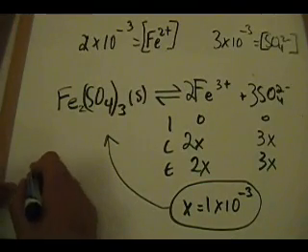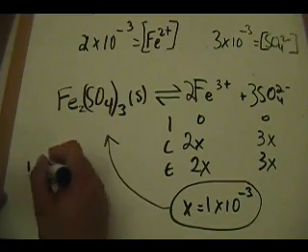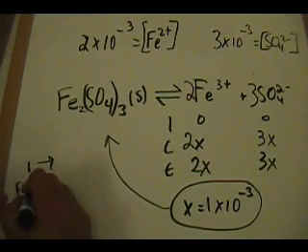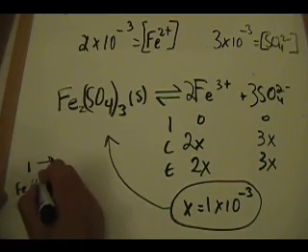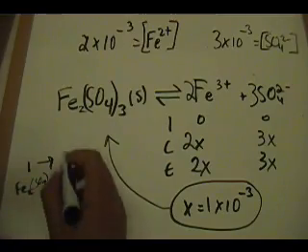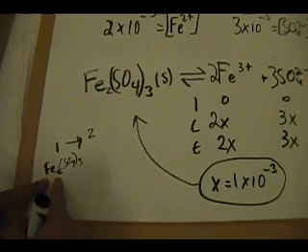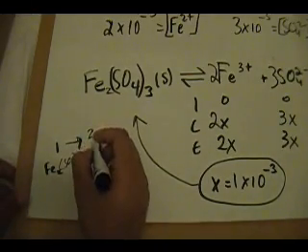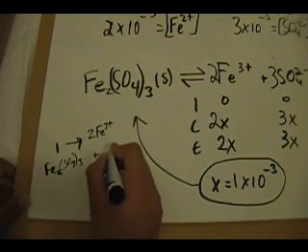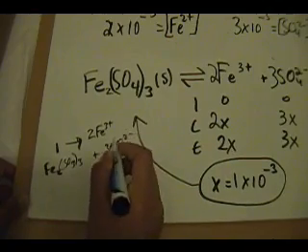So we're saying that, for example, we have 1 of this compound. For every 1 Fe2(SO4)3 we dissolve, we get 2 Fe3+ and we get 3 SO4 2-, right?